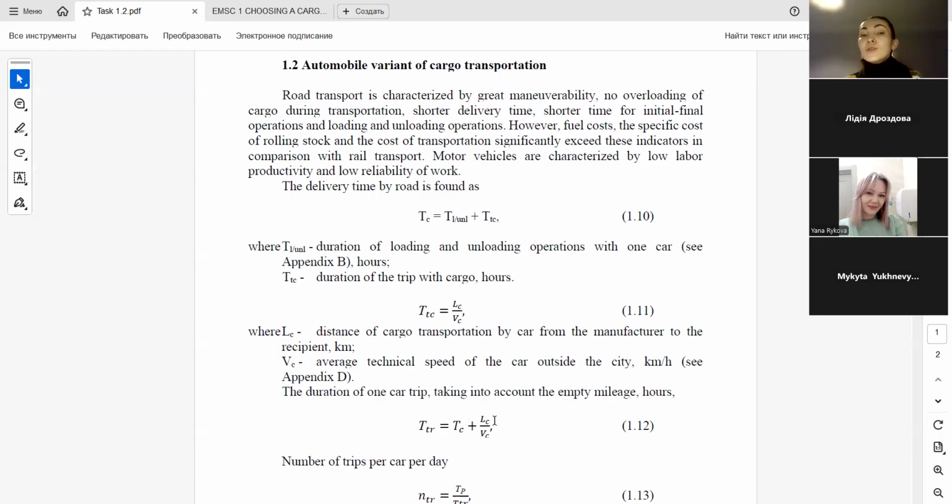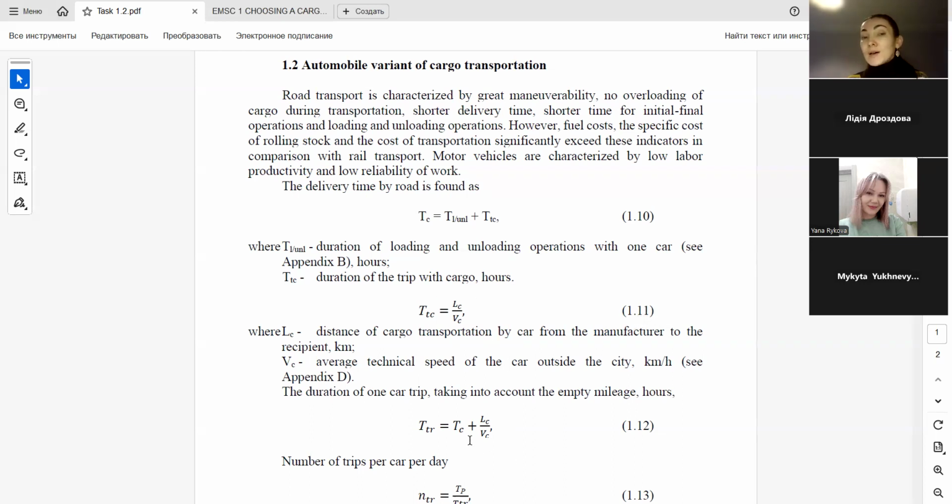Use this result plus, and if you are careful, it is our formula L with index C divided by V with index C. We already calculated it. It is our first formula for calculation today, 1.11. Yes?